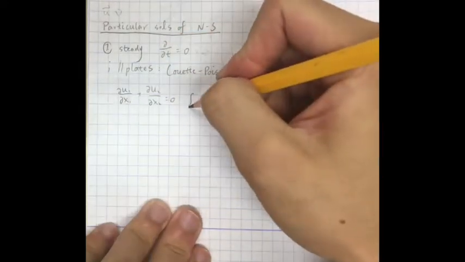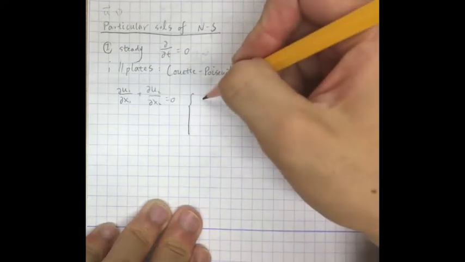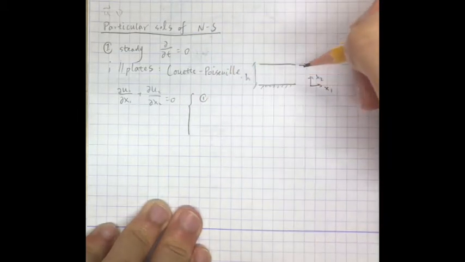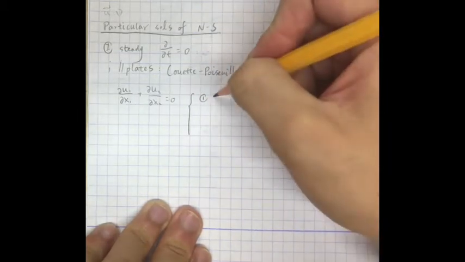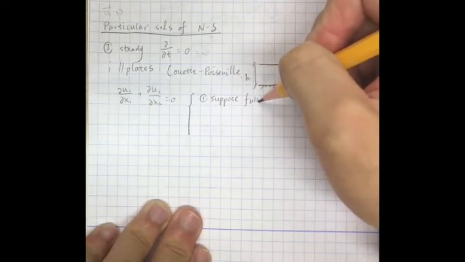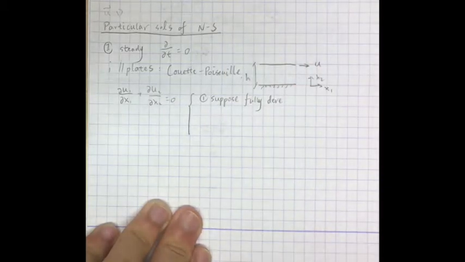Here I have two ways to simplify things. The continuity plus one assumption of mine can give us a simplified result. Let's first make the assumption that the flow is fully developed. What do I mean by fully developed?